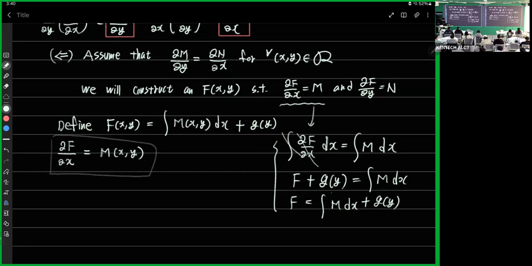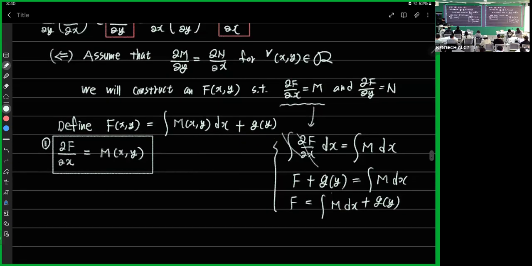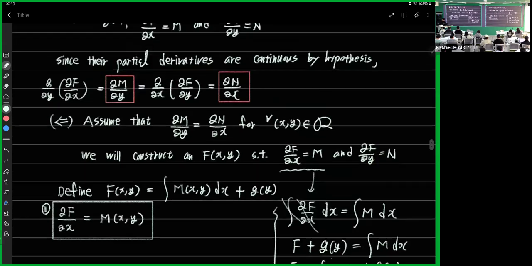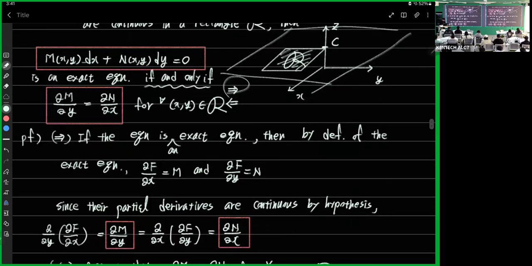I just showed that the f defined like this satisfies this. Okay, the second one, we need to show what? Partial f partial y equals n, right? Then it is complete to show that the differential equation is exact.